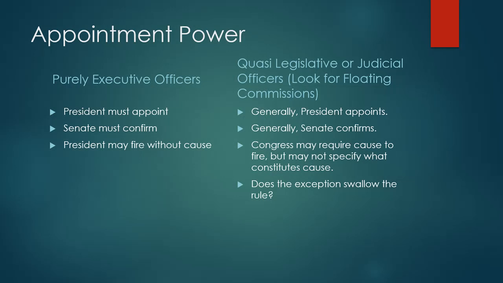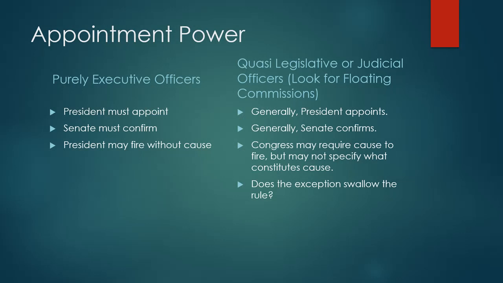Look, so the president may need cause to fire a commissioner if Congress decides the president needs cause, but the president's allowed to make up what constitutes cause. So, I mean, theoretically, the president could say, well, the person looked at me the wrong way and I find that to be cause. You know, the only reason we really even go through this stuff is because it's testable on the bar exam, but it's kind of a silly rule.